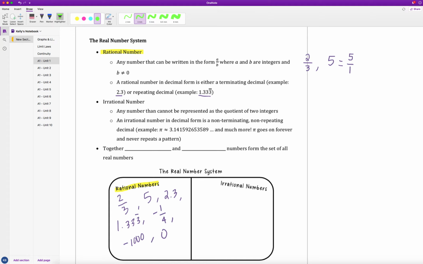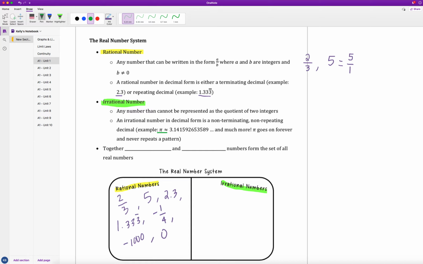Our irrational numbers make up the other part of our real number system. So an irrational number is any number that cannot be represented as a quotient of two integers. So in particular, an irrational number in decimal form is a non-terminating, non-repeating decimal. So the most common example that we have is pi.